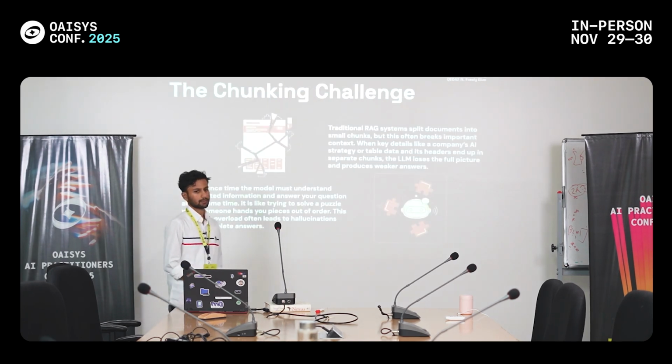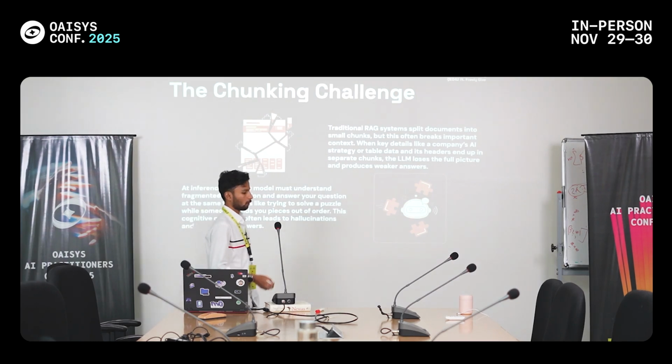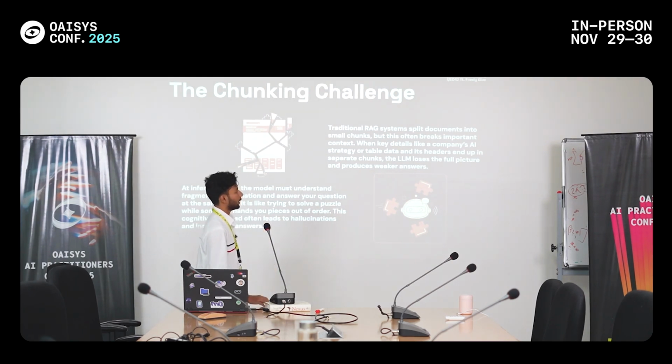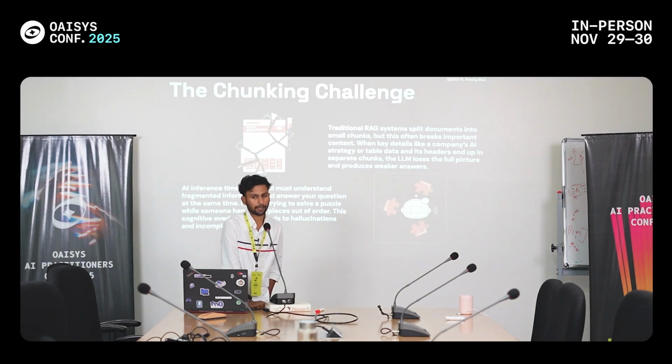The problem is the chunking, like how exactly we chunk our documents and store them in a vector database. For example, the traditional RAG system takes your document and breaks it down into n number of chunks.